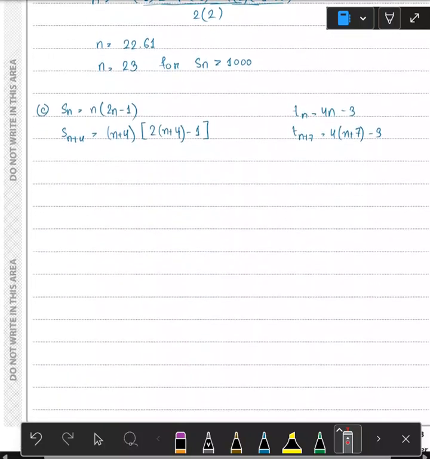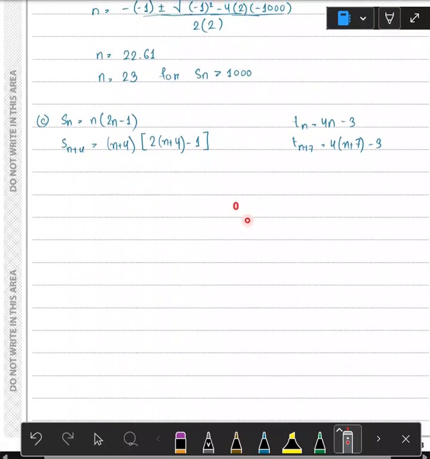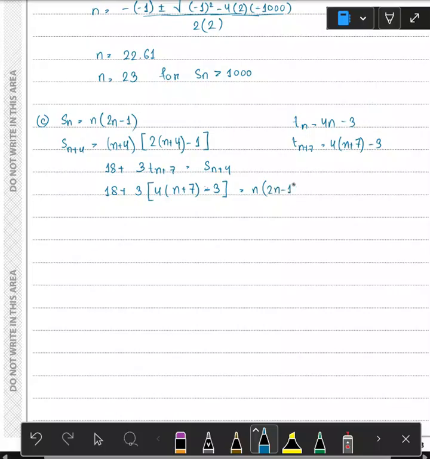So let's write that given: 18 plus 3Tn+7 is equivalent to Sn+4. Right now substitute: 18 plus 3 times 4 bracket n plus 7 minus 3 is equal to Sn+4, which is n plus 4 bracket 2n plus 4 minus 1.